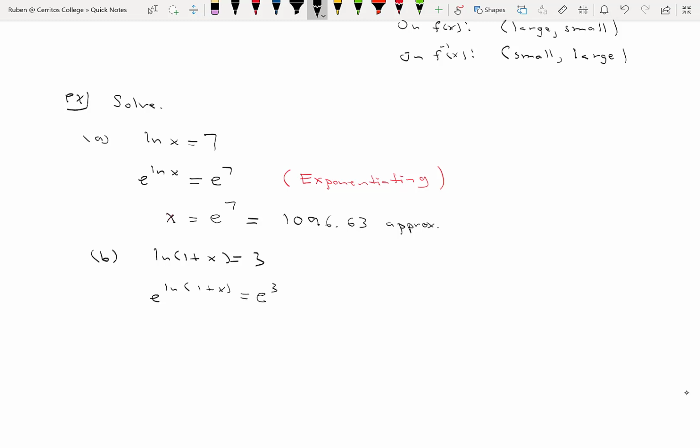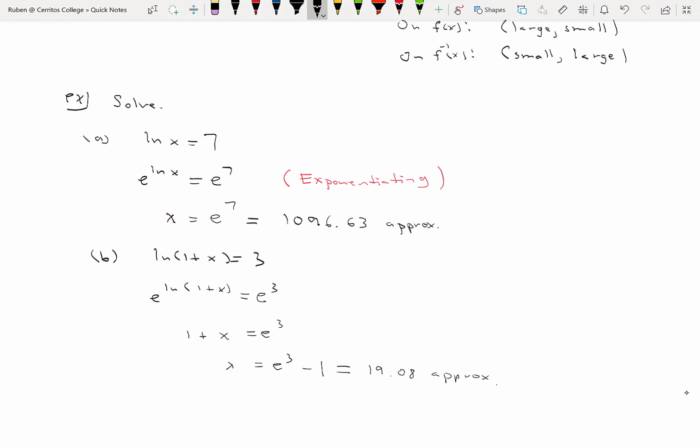E and ln are inverse functions, so they cancel each other out. So 1 plus x equals e cubed. Subtracting 1 from both sides, we get x equals e cubed minus 1, which is approximately 19.08 on the calculator.